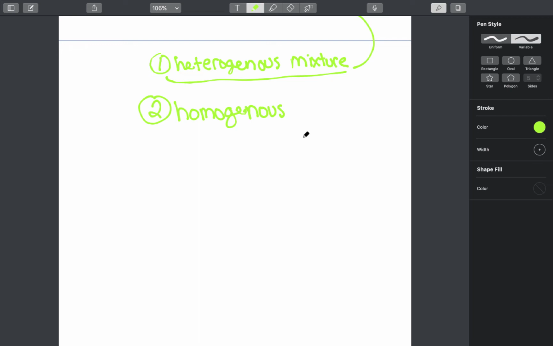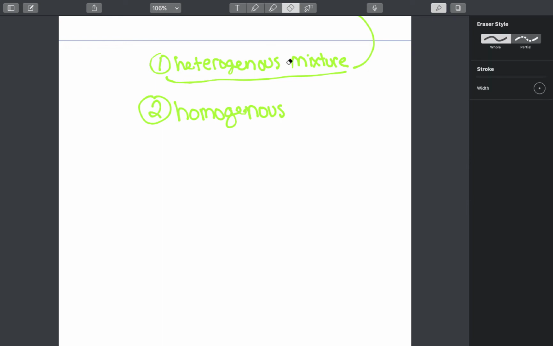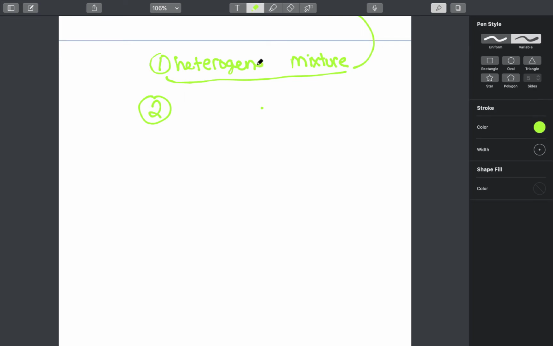Actually, homogeneous, this is spelled wrong. So let's fix this. I'm sorry, there's an E here. I'm not a good speller. Homogeneous.